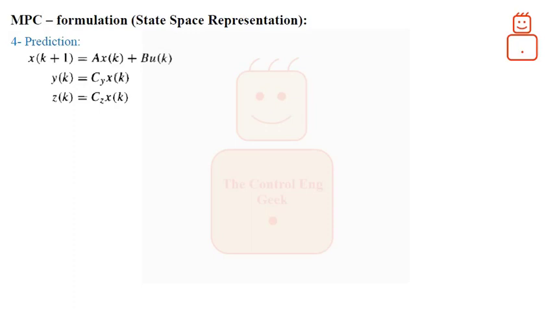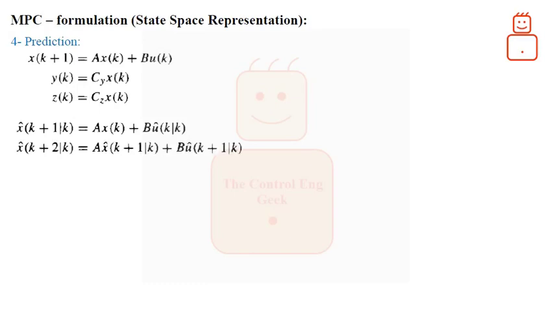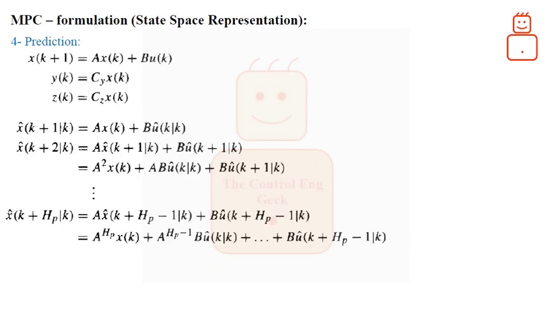At time k, the prediction of x for time k plus 1 is, whereas the prediction of x at time k plus 2 is, whereby using the expression above, we can write. And from here, you can see where the equations can go. So, at time k plus h sub p is just the repeated application of the model above hp times.